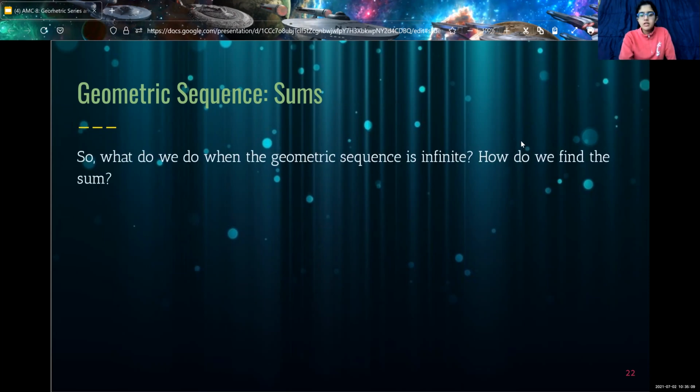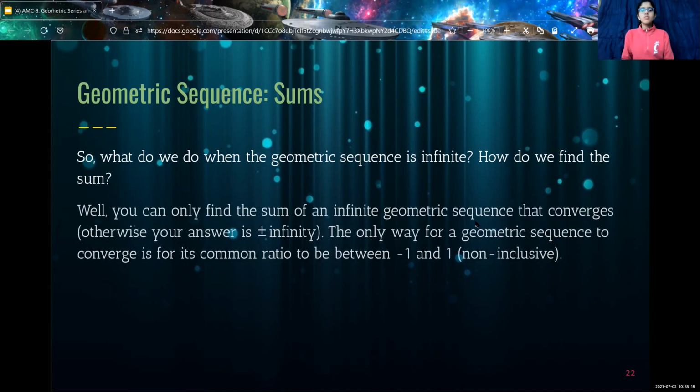Speaking of infinite geometric sequences, what do we do when a geometric sequence is infinite, and how do we find the sum? You can only find the sum of an infinite geometric sequence that converges. Converges just means that the numbers become smaller and smaller, getting closer to 0.